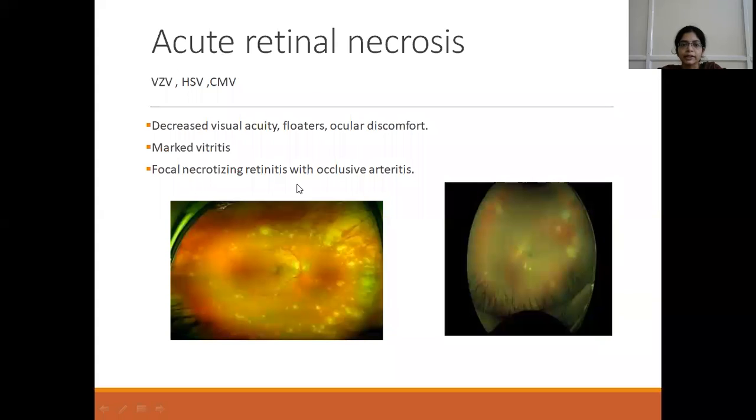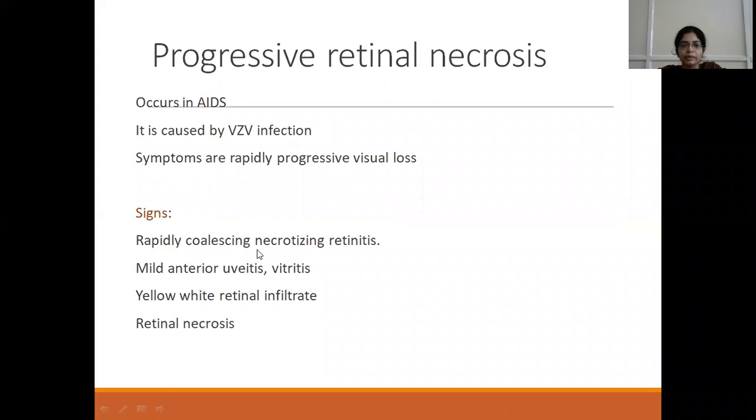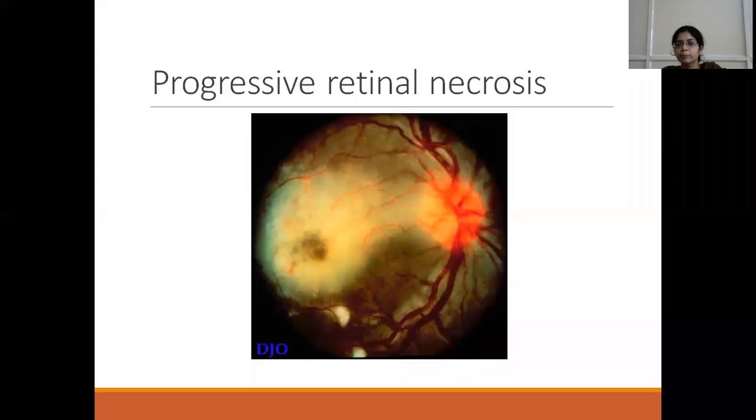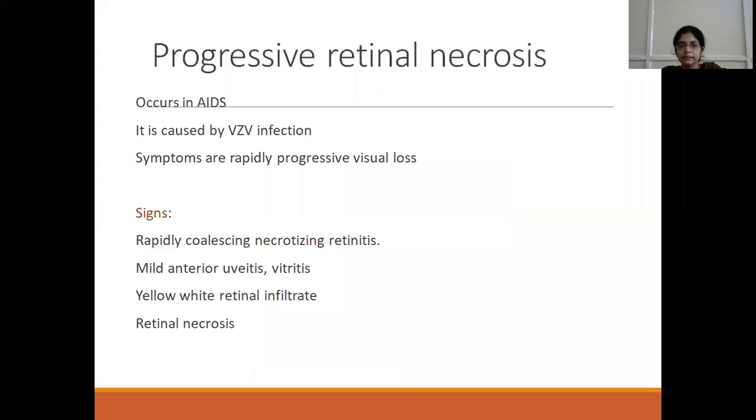Now, what is acute retinal necrosis? Acute retinal necrosis is caused by varicella zoster virus, HSV, and CMV. Again, the symptoms are decreased visual acuity and floaters. Now, I will try to differentiate between these two. This is progressive outer retinal necrosis.